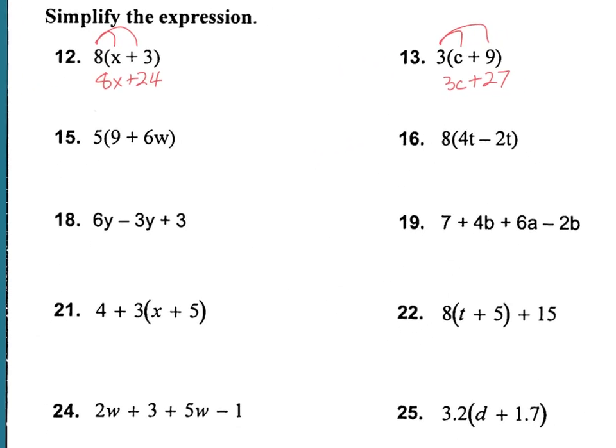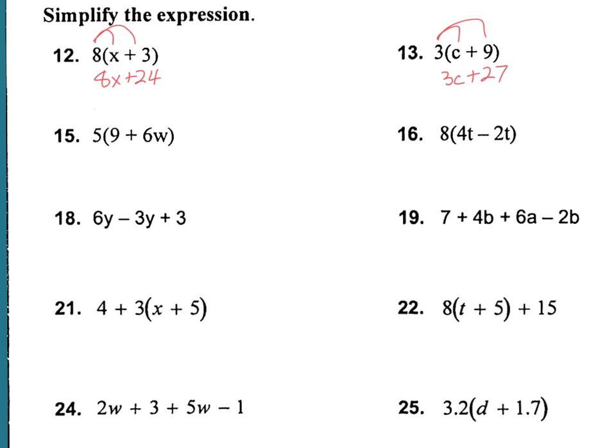What I would like you to do is try, well, let's just do these. 5 times 9, 45. 5 times 6w, 30w. 8 times 4t is 32t. I don't like doing t's, but there you go. Minus 8 times 2t is 16t. So 16t.